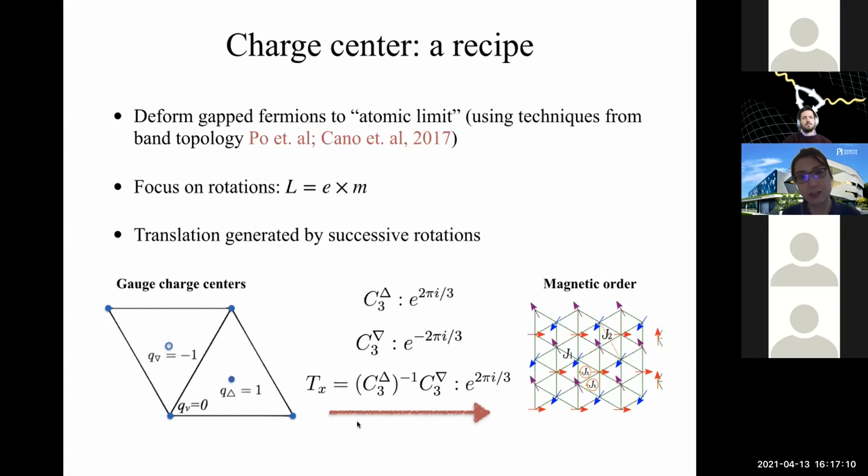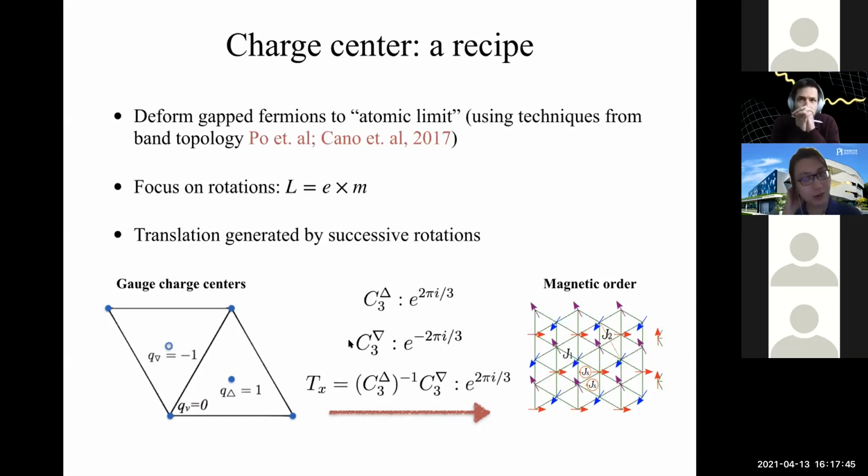So every time you do a 2π/3 rotation, the monopole essentially sees a Berry phase, an Aharonov-Bohm phase, e times m, where m is the magnetic charge and e is the electric charge localized at the center. So upward triangle C3 gives you a phase factor of e^{2πi/3}, and likewise, for downward triangle C3 rotation, you get a -2π/3 phase factor.